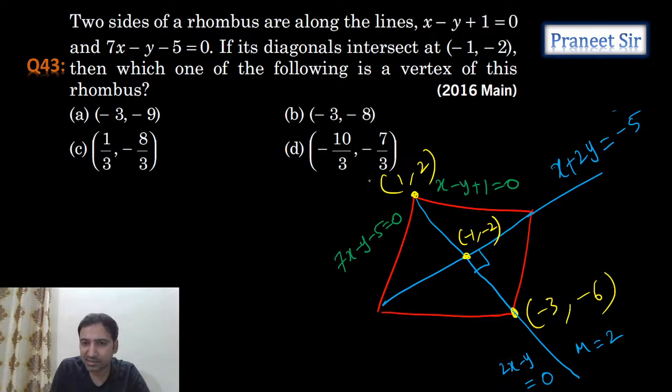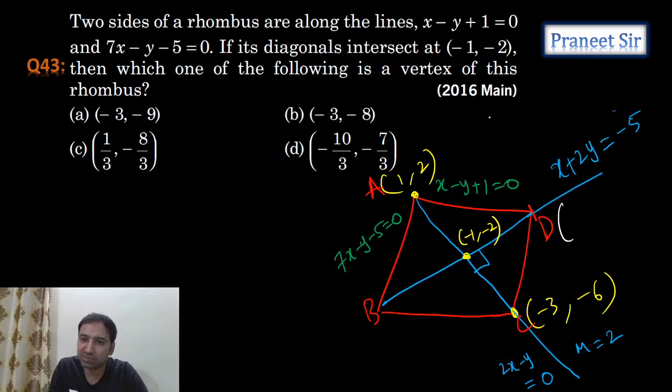Okay, let's take the vertices as A, B, C and D. A and C we know. Can I calculate point D, guys? Why? Because if you solve these two lines, I can calculate point D. So tell me, subtract.